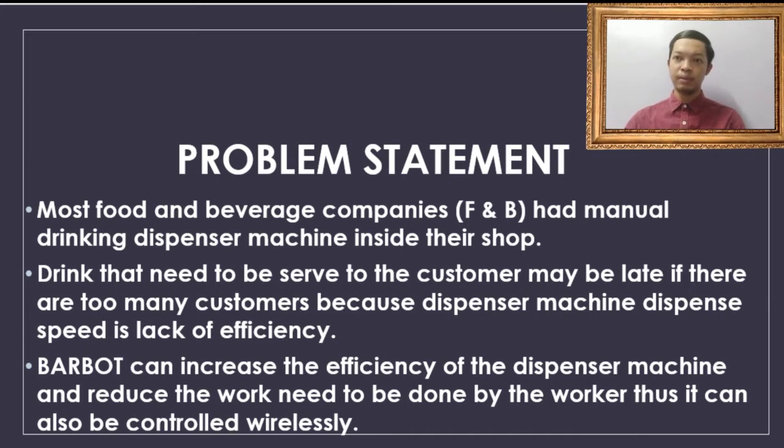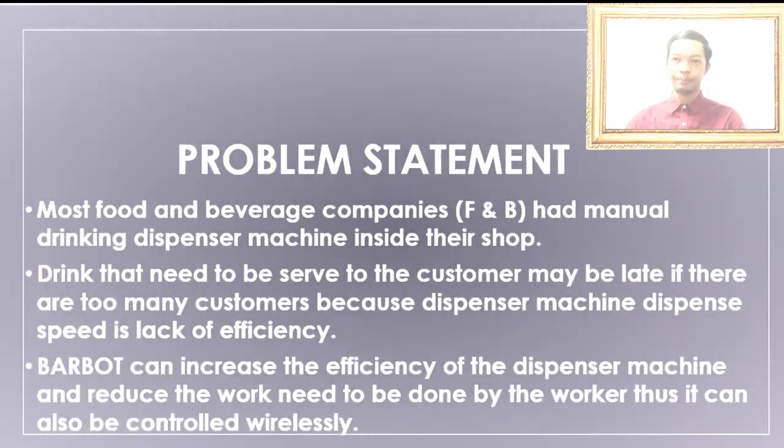The Barbot is a dispenser drinking machine prototype that can be controlled wirelessly using a joystick shield combined with the wireless module and RF24L01 plus PA plus LNA. With the presence of Barbot, it can increase the efficiency of the dispenser machine and reduce the work needed to be done by the worker. Thus, it can also be controlled wirelessly.